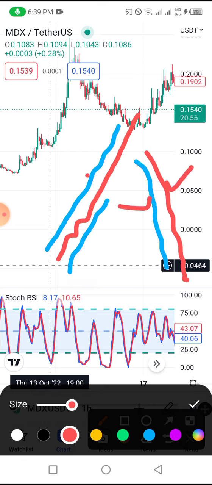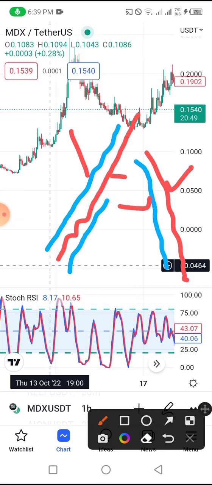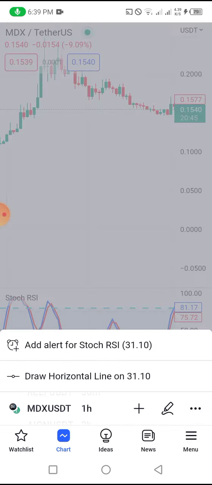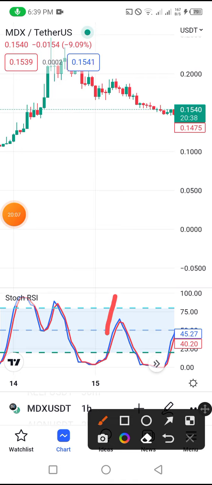Having understood that, you can see here that in an uptrend, the blue line is running above the red line. Then in a downtrend, we see that the red line is running above the blue line. However, what determines which line runs over the other is what we call a crossover.